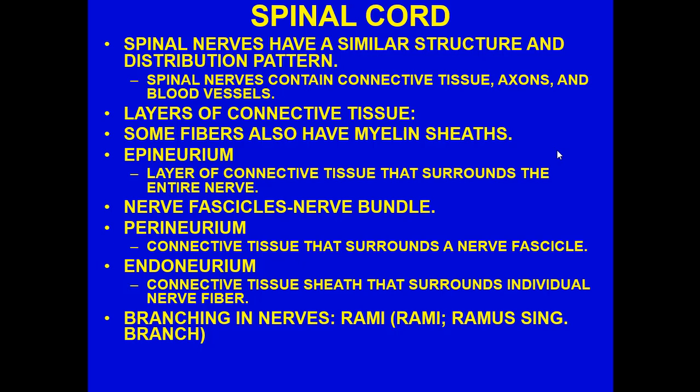Now, spinal nerves have a similar structure and distribution pattern. Spinal nerves contain connective tissue, axons, and blood vessels. Okay. We have to consider the layers of the connective tissue. Some fibers also have myelin sheaths. Now, when I say fibers, you got to keep in mind this is not necessarily cell bodies.